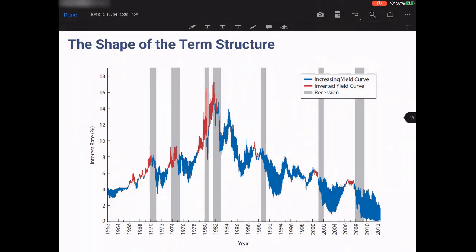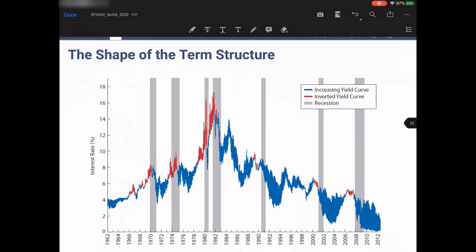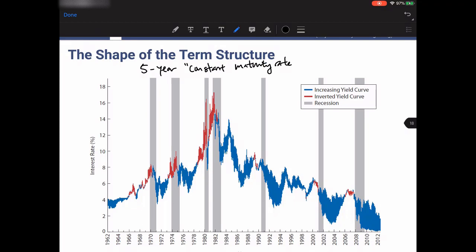is the 5-year constant, I'm going to put this in quotes, constant maturity rate, or interest rate, risk-free rate. So what this means is that, as you know, over time, a 5-year bond's yield doesn't stay fixed, right?